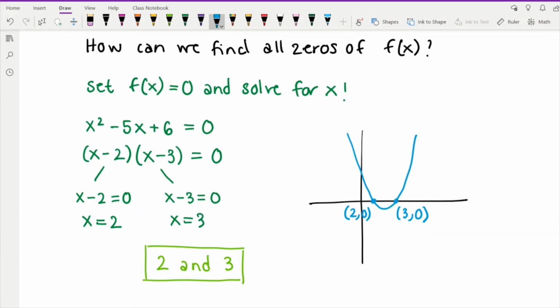When you talk about the x-intercepts, you're giving them as points, but really it's the same concept. Because if the definition of a zero says that it's a number that you plug in and you get 0 as an output, well, that's exactly the same thing as the points on the graph where the y value is 0, because outputs correspond to y values.